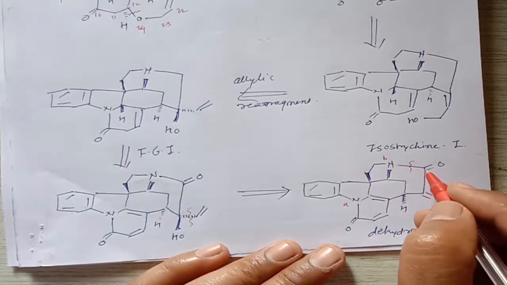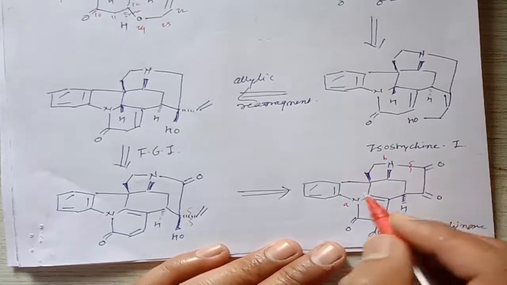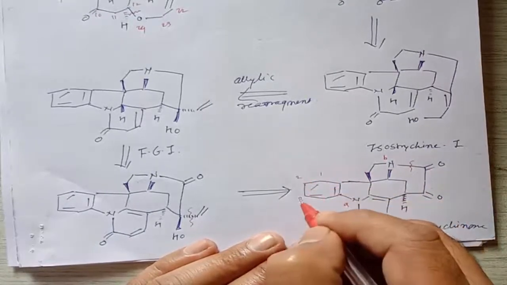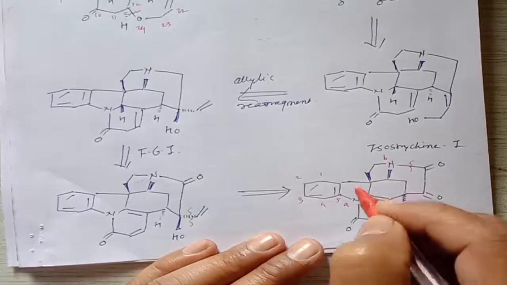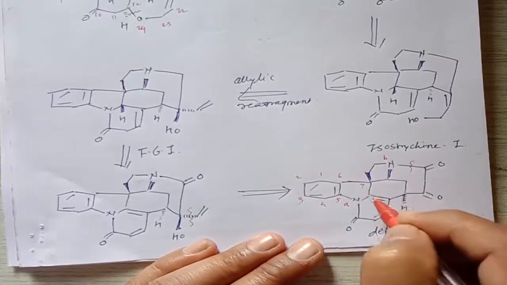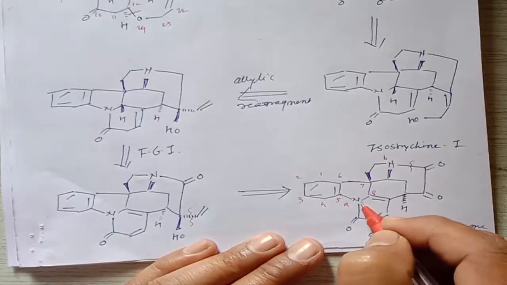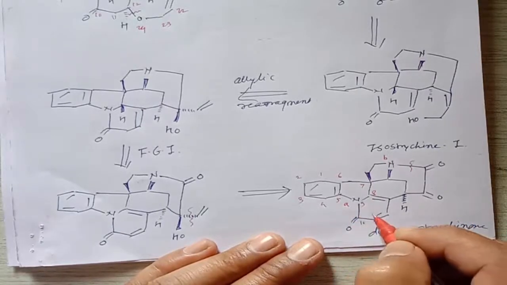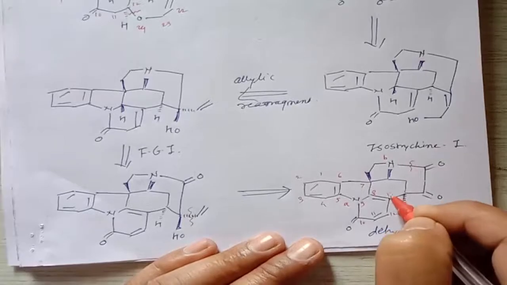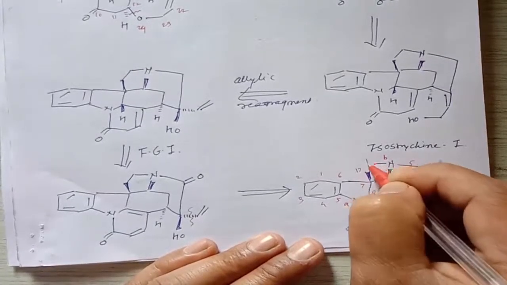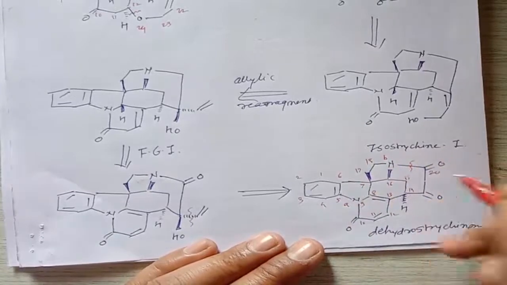That is, if you see the numbering of the carbons, that is 1, 2, 3, 4, 5, then 6, 7, 8, then this is 9, then 10, 11, 12, 13, 14, 15, 16, 17, 18, 19, and this is 20, right?